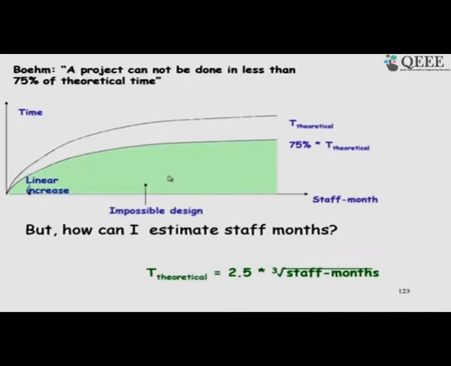So, one thing that Boehm said is that once you have obtained the results from COCOMO, the time duration is the time in which you can do the work with the effort that you have estimated.